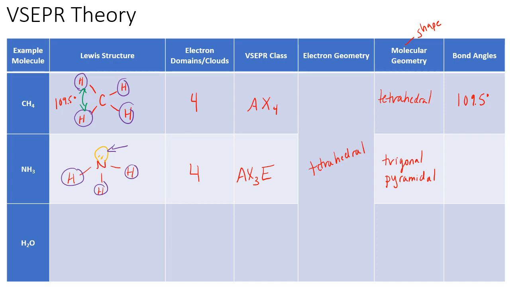The bond angles between nitrogen and 2 hydrogens are going to be slightly less than 109.5 degrees because now we have that lone pair of electrons pushing down on our bonding domains. For ammonia, the bond angles are about 107 degrees for this molecule, but what we really need to know is that they're slightly less than 109.5.